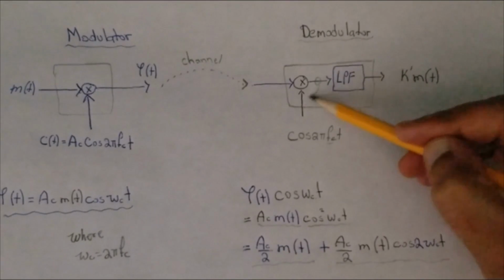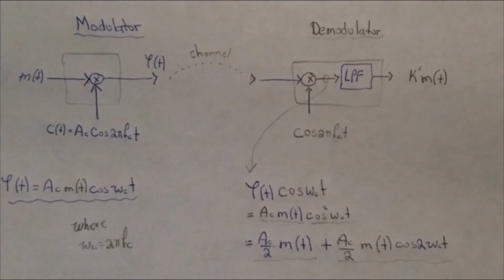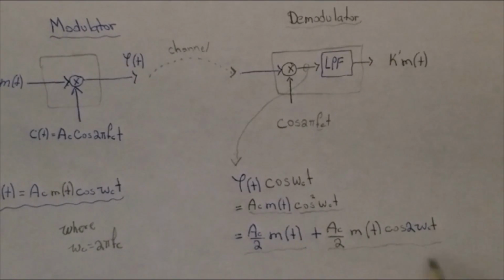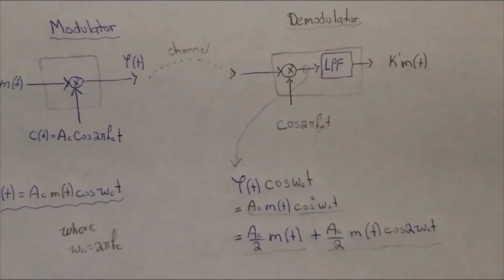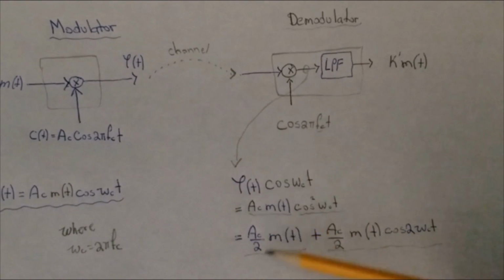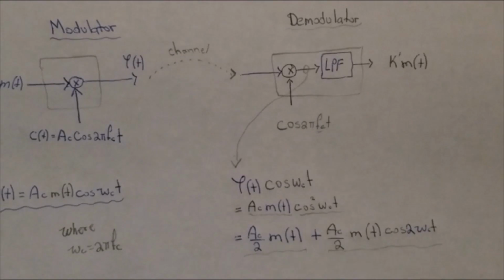This is this stage right here. Using this trig identity, we're left with this expression. As can be seen, there are two components. The first component contains the message signal. It's being scaled by AC over 2. The second component contains the message signal.